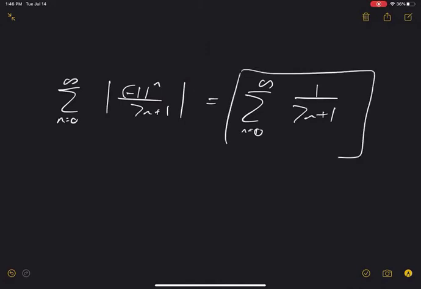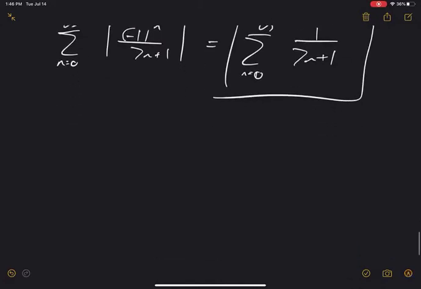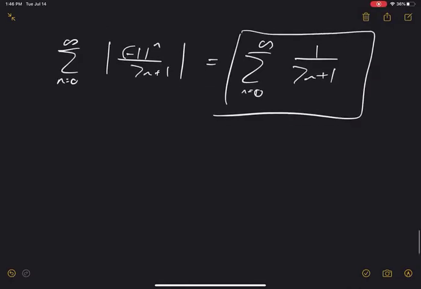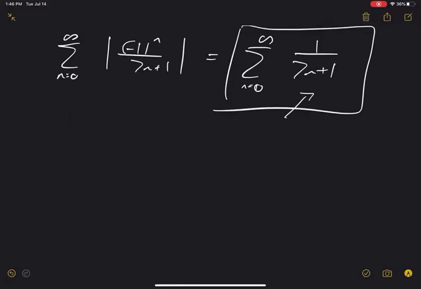Does this series converge or diverge? Well, it's going to diverge. And showing this diverges would be interesting. It looks to me like limit comparison test. I should use the limit comparison test with the series 1 over 7n.